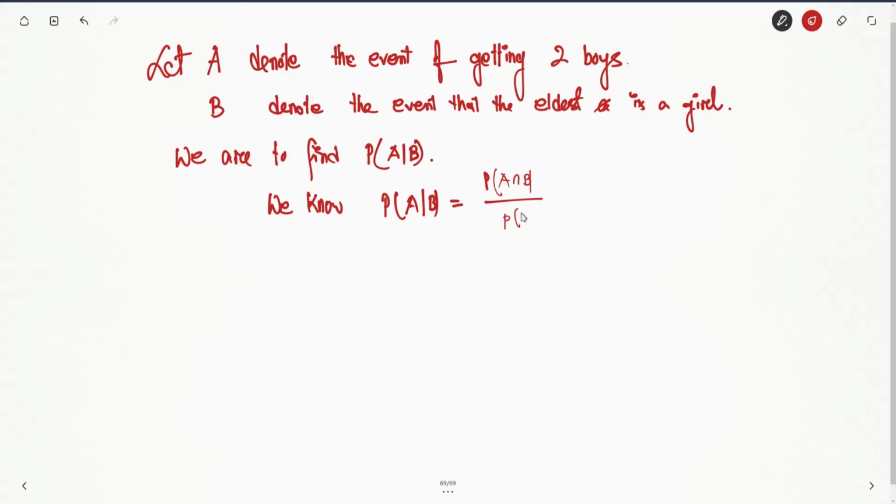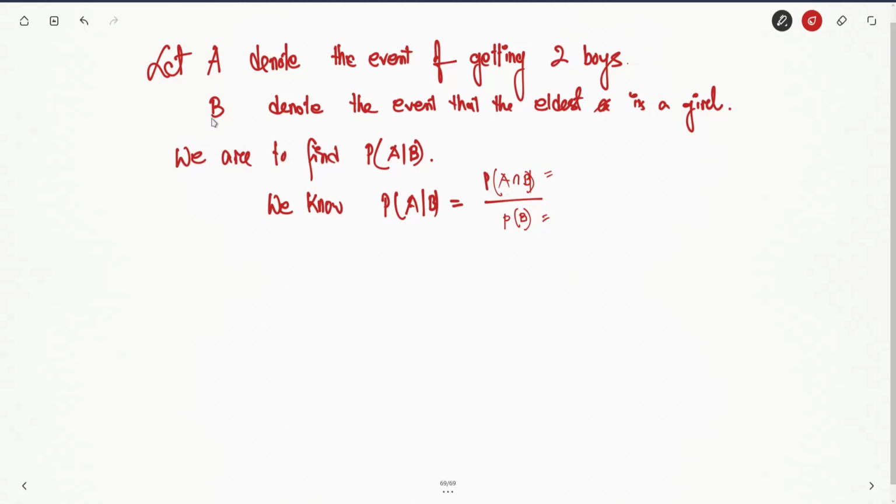So we need these two values. If we can get probability of B and probability of A intersection B, then we can calculate probability of A given B.